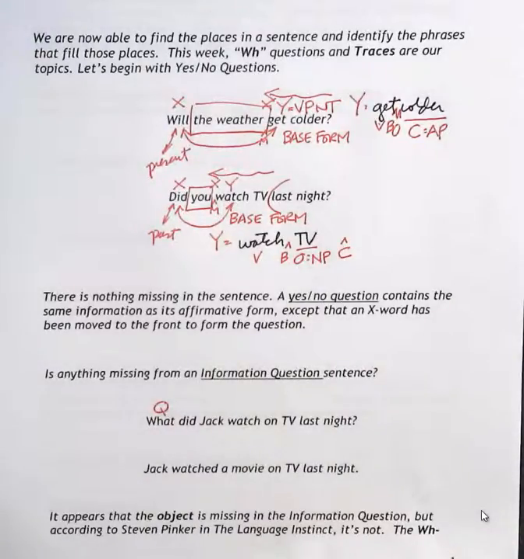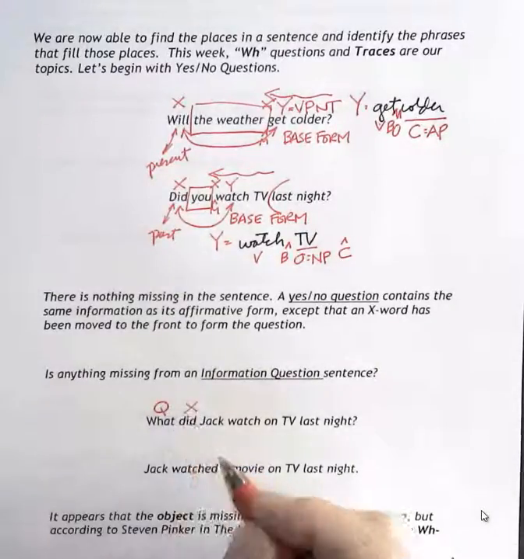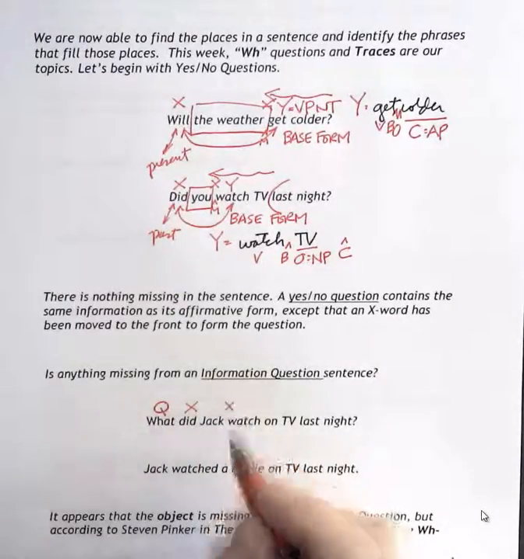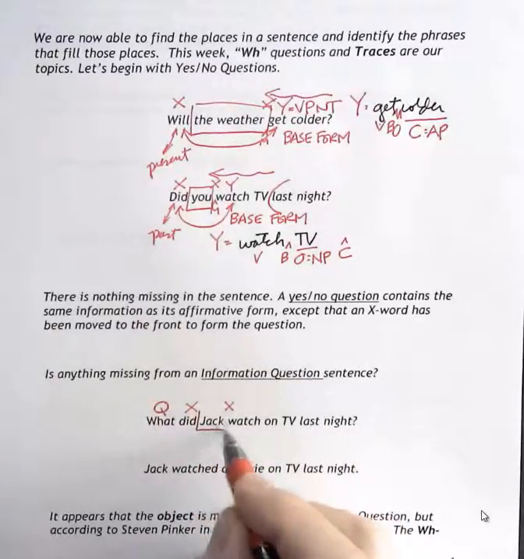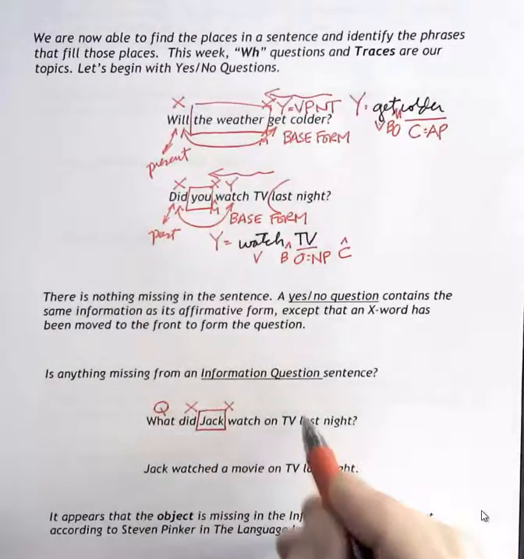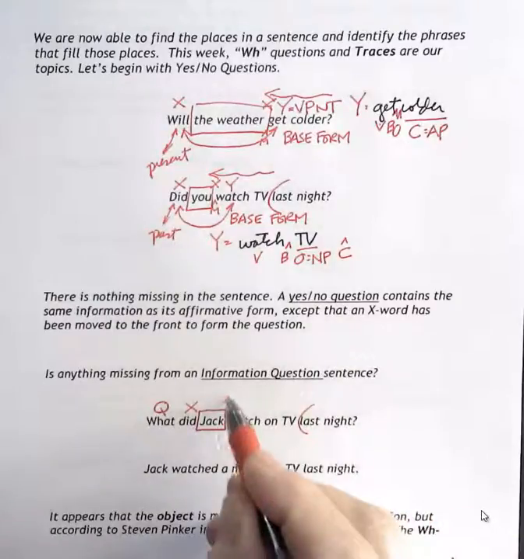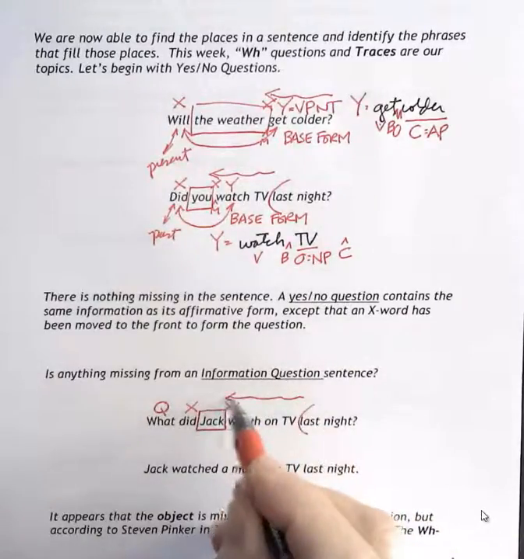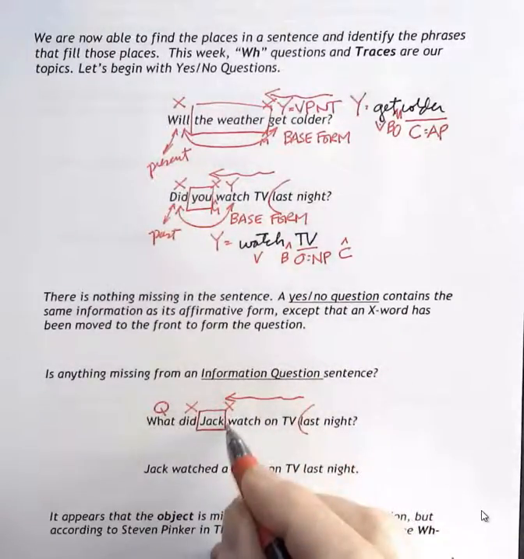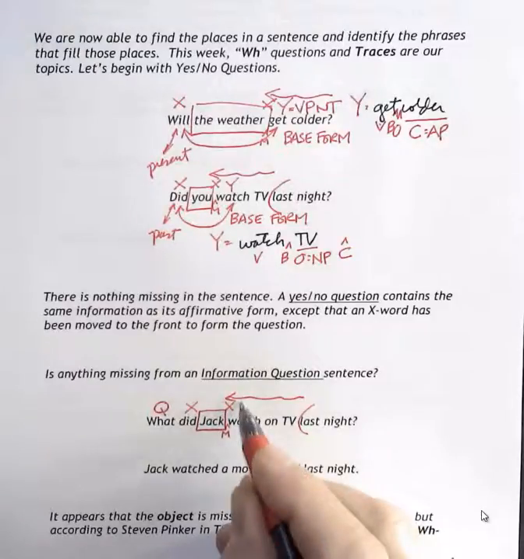We're going to label that as a Q place. Then, of course, comes the X word. There's a second X word placed after Jack. Jack is the subject. Last night is the shifter. Predicate. M place.